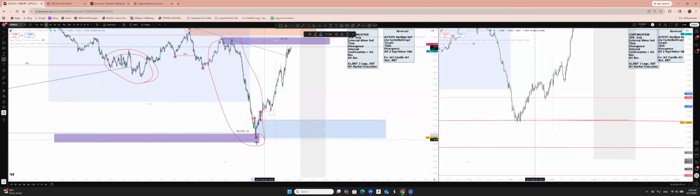And I'm catching it here off a touch. You understand? Like, say if this was a demand and I'm waiting for it to mitigate, it doesn't matter how far this goes. I don't care about how far this goes.